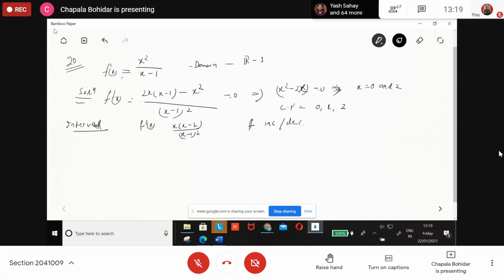Tell me the intervals: minus infinity less than x less than 0, then 0 less than x less than 1, then 1 to 2, then 2 to infinity.